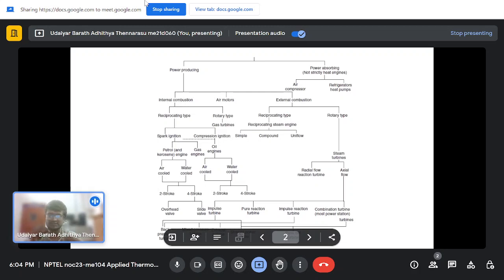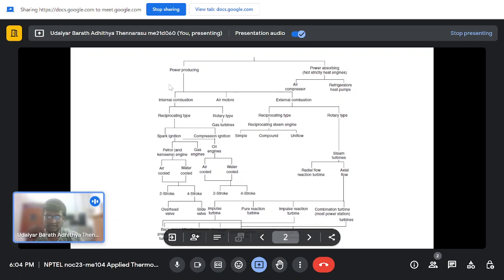That is air cooled, and normally in cars and other bigger engines you'll have water cooled. Both spark ignition and compression ignition can operate in a 4-stroke or a 2-stroke type. We'll see that as well.